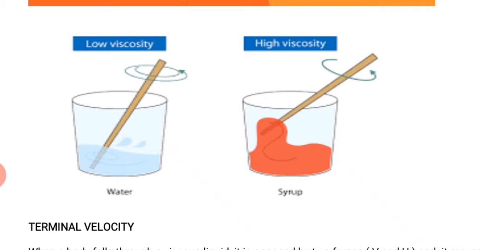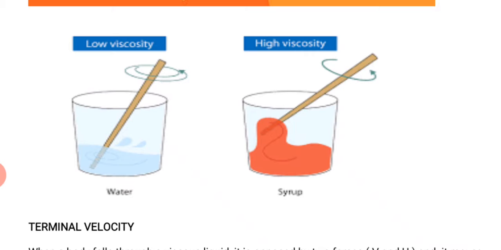We have water. If water is stirred, you can see the stirrer move easily. But with a liquid of high viscosity, take for instance syrup, when it's being stirred, it doesn't move easily as it's being demonstrated in water because of the low viscosity of water.